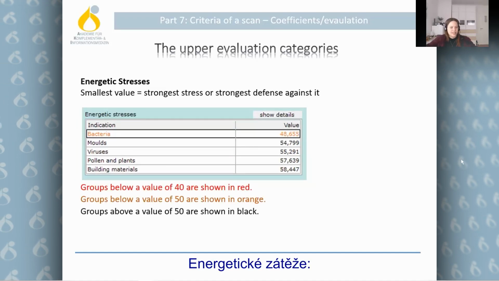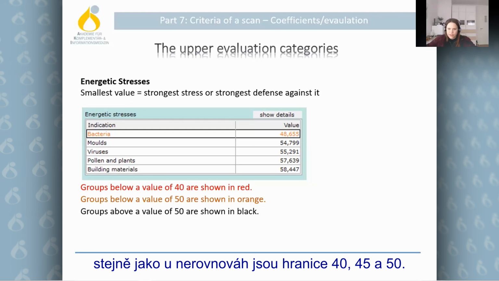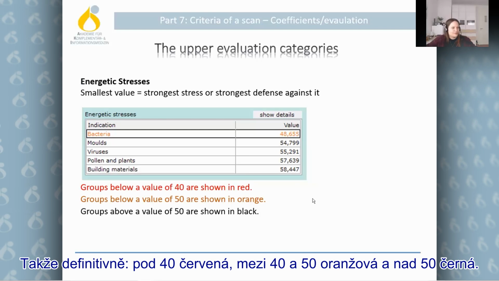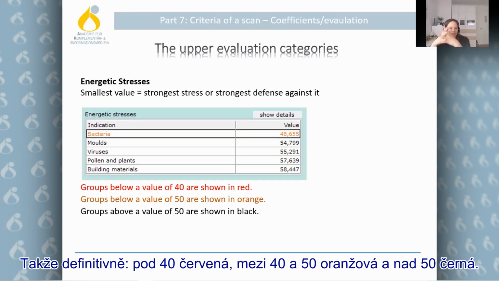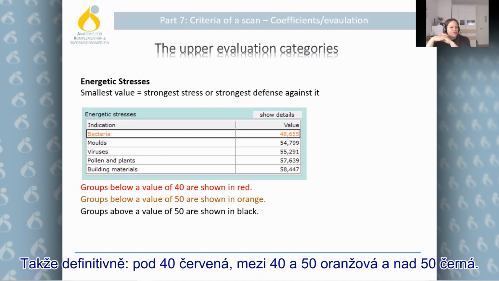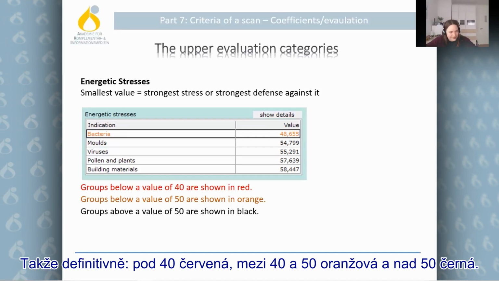The energetic stresses, the same like the disbalances with the numbers, it's 40, 45 and 50. Sorry, I'm wrong. So it's from 40 to 50, it's orange, sorry, and above 50, it's black.